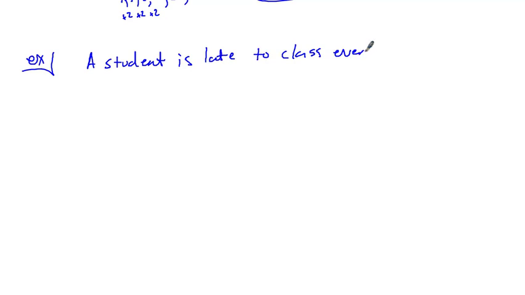So we're going to talk about inductive and deductive a little bit, and we're going to write down some examples and decide if they're inductive or deductive. So here's our first one. A student is late to class every day. The teacher concludes the student will be late today.